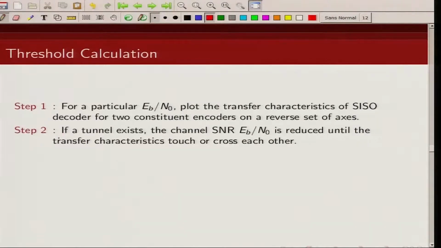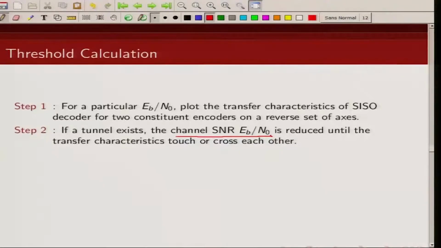Now, if these transfer characteristics do not cross, that is, there is a tunnel in the sense that they do not touch each other, then what we do is the operating channel SNR is reduced until these transfer characteristics just about touch.